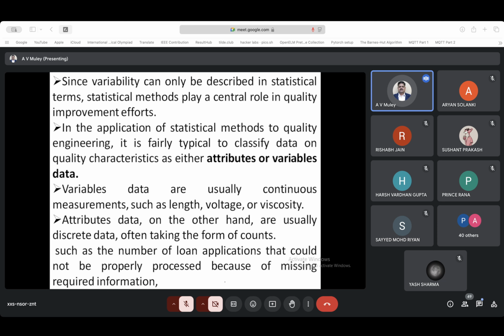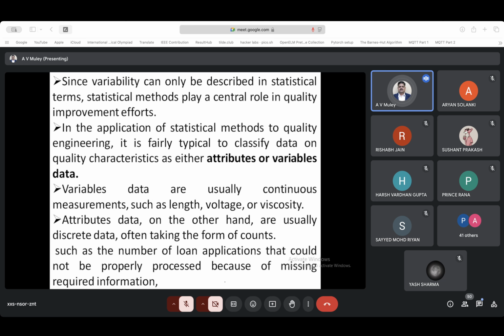That means suppose we have produced a lot of 100, and out of that 4 parts are defective. So you can say that 96 are acceptable and 4 are defective and not acceptable. In general, based on that we are deciding the policy, or taking the decision whether to accept that lot or not. Another example is the number of loan applications that could not be properly processed because of missing required information.